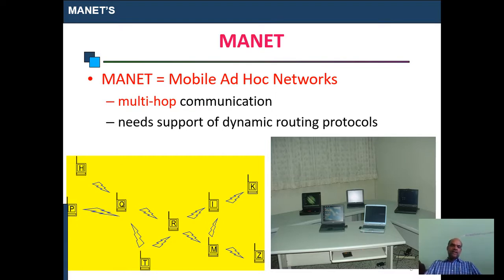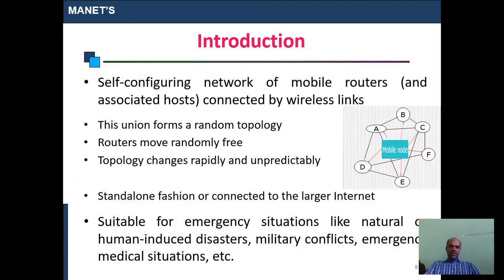In the case of dynamic, on demand, when required, these protocols will react accordingly. Due to the mobility, we need multiple nodes between source and destination. That's why we need the support of dynamic routing protocols.